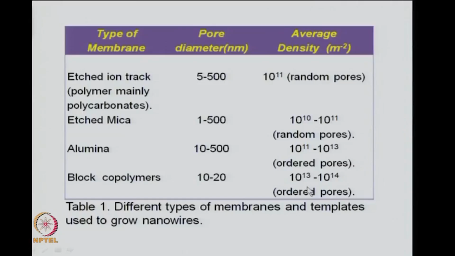Basically, block copolymers have two types of polymers, one may be hydrophobic, the other can be hydrophilic, and two types of polymers joined together form a block copolymer, and there also you can create this kind of ion channels of 10 to 20 nanometers thick, which will yield you ordered pores in which you can do synthesis leading to nanostructured materials which are precisely ordered, because the pores in which you are doing the synthesis are precisely ordered.